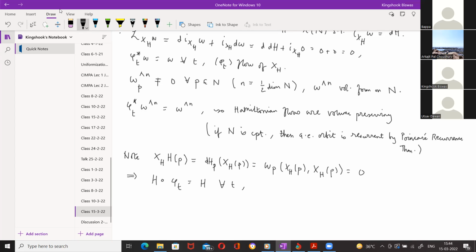H is the total energy, kinetic energy plus potential energy. So H is preserved by the flow of XH.